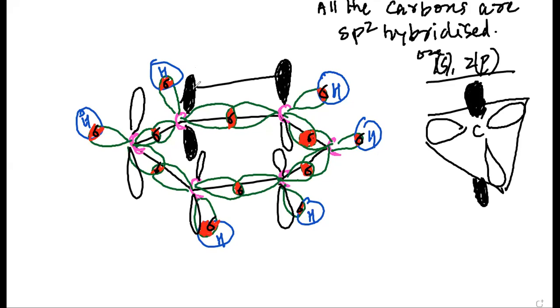So here you can see that there is a pi bond between these 2 carbons. Same way, we can have a pi bond here between these 2 carbons. It is very easy to understand this pi bond.